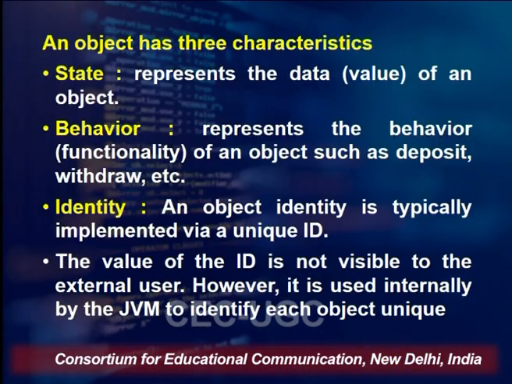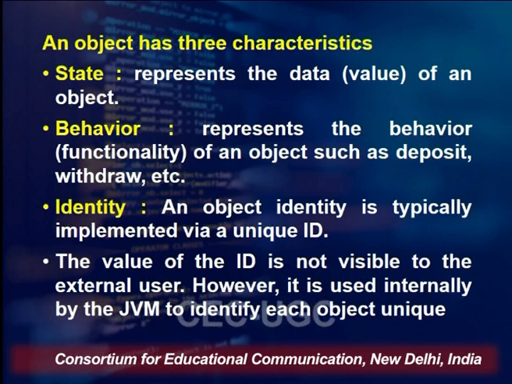Each and every object has three characteristics: one is the state, another one is the behavior, and third one is the identity. As programmers coding in Java, we are concerned with the state and behavior.